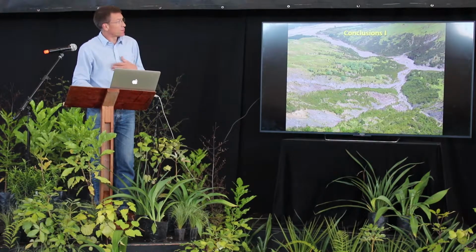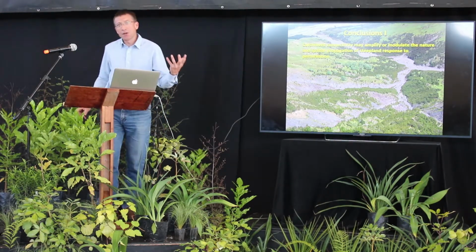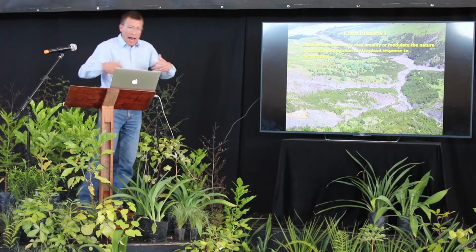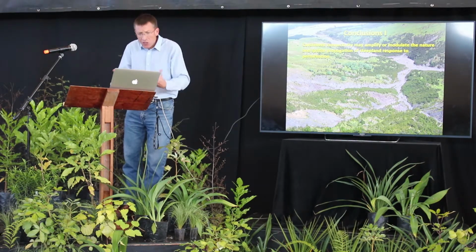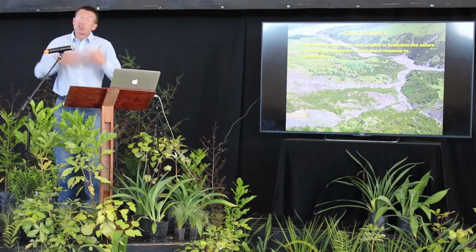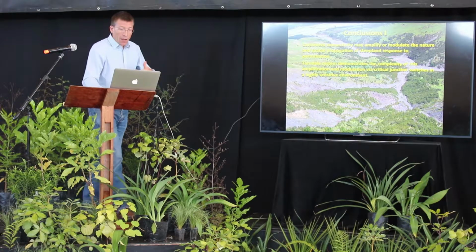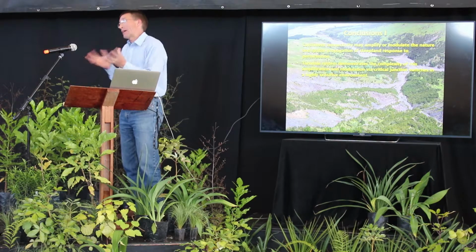So I want to draw these things to a conclusion. First page of conclusions. Catchment connectivity, what we're looking at in terms of sediment transfers, may amplify or modulate the nature and the propagation of our response to perturbation, to storms, or to climate change in future. What the Tarndale system, I think, demonstrates is the complexity of this.